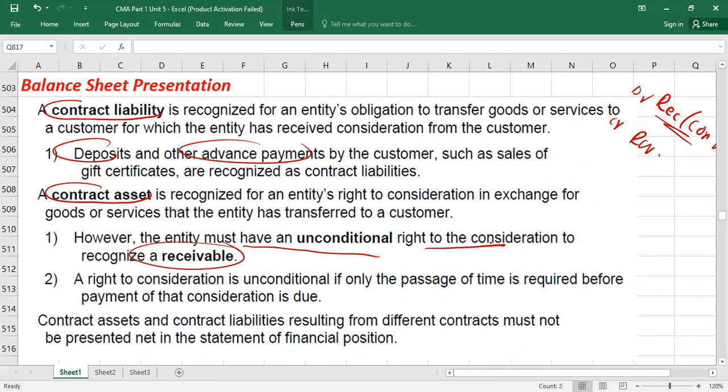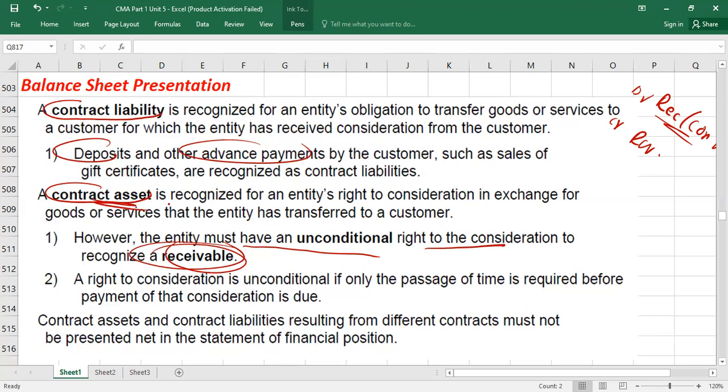Unconditional right means the entity will receive this money and there is no condition. I do not need to do anything further. As a seller, I have only delivered the goods, and I am just waiting for the time now. The customer will pay me. If I have an unconditional right, in that scenario, I will book a receivable.